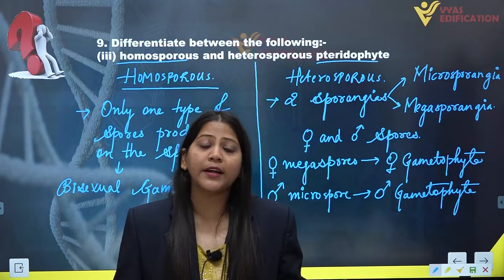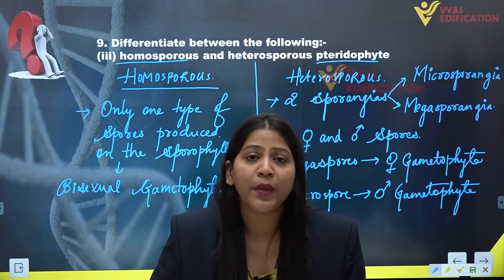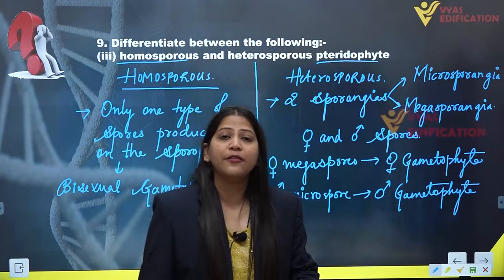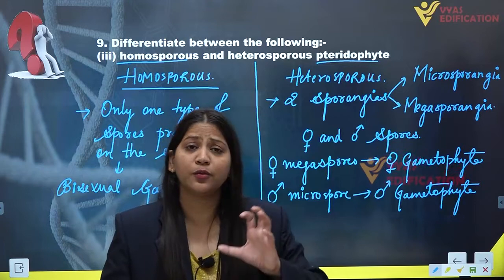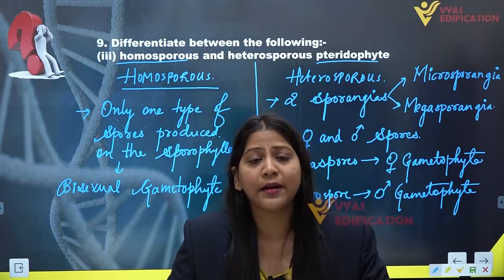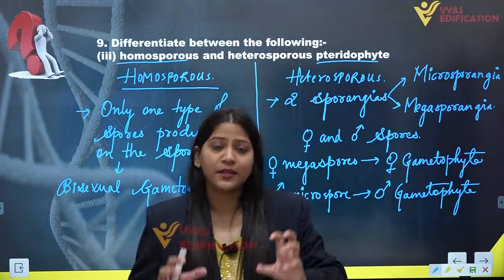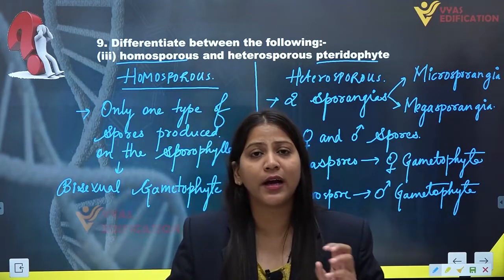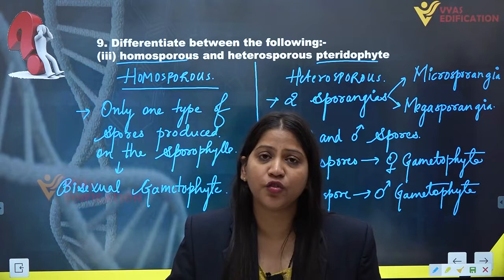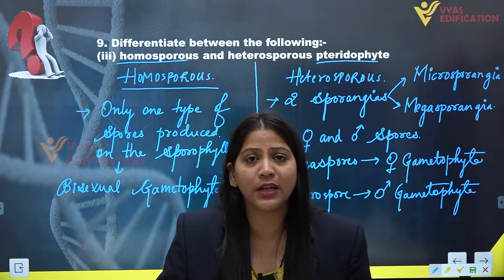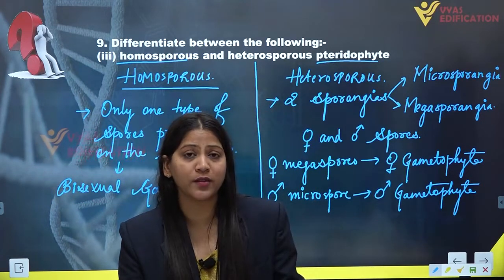And in case of heterosporous pteridophyte, what happens in them? They have different sporangia, of course. If we talk about the small sporangia in the sporophyll, the small sporangia contain sporogenous tissues which undergo meiotic division to form microspores.